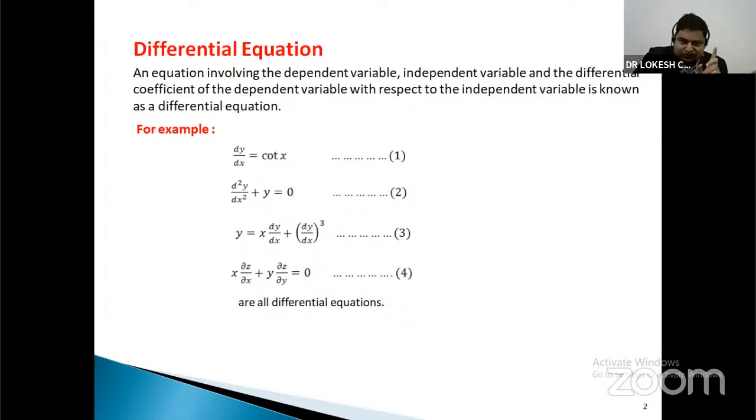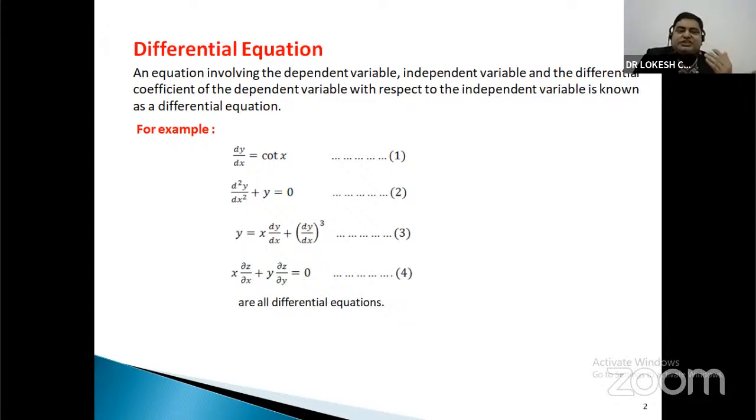If we see this equation, what we are going to determine is y, and y is a function of x. So y is a function of a single independent variable, and we say that it is an ordinary differential equation.